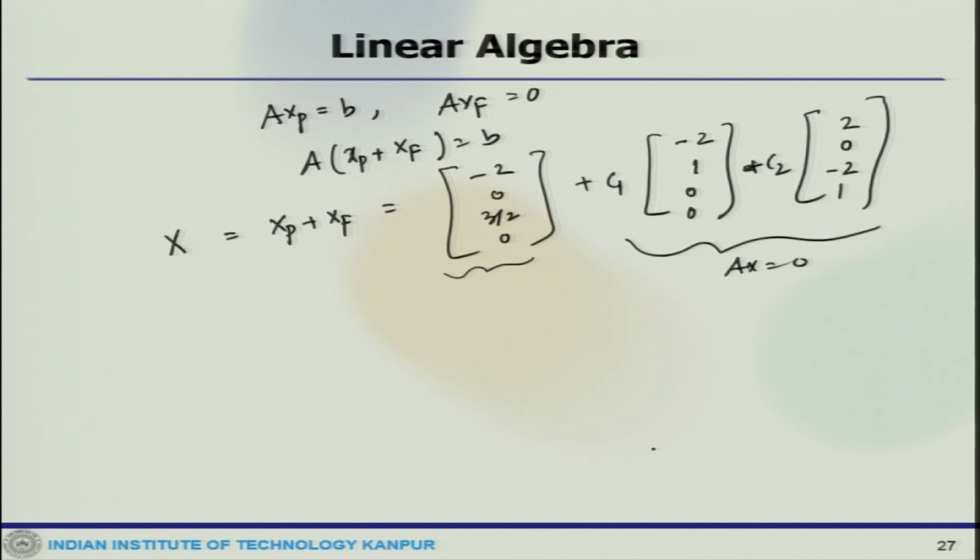So, the free variables are basically the null space vectors, and the solutions will be available provided the rest of the conditions are satisfied. So, this is how you can get a solution with the combination of the free variables and the pivot variables. We will stop here and continue the discussion in the next class.